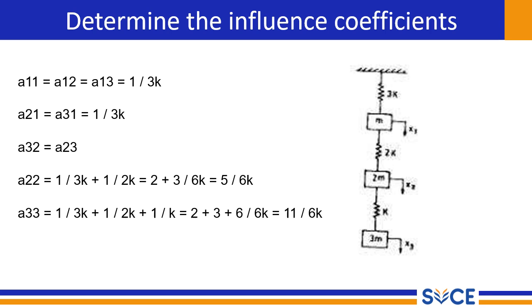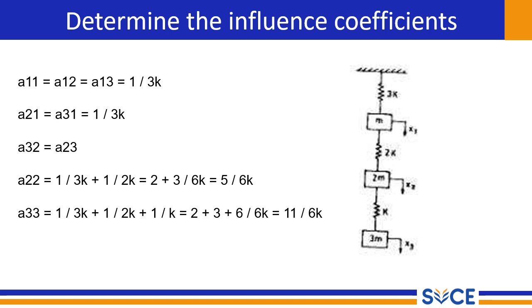So A11 represents the deflection of the first mass due to unit force applied to it, and that is further equivalent to A12. It is the deflection of the same first mass due to unit force on the second mass. That means even though a force is applied on the second mass, the stiffness for mass m corresponds to the same 3K. Similarly, A13 is the deflection of the first mass once again if the force is applied at the third mass.